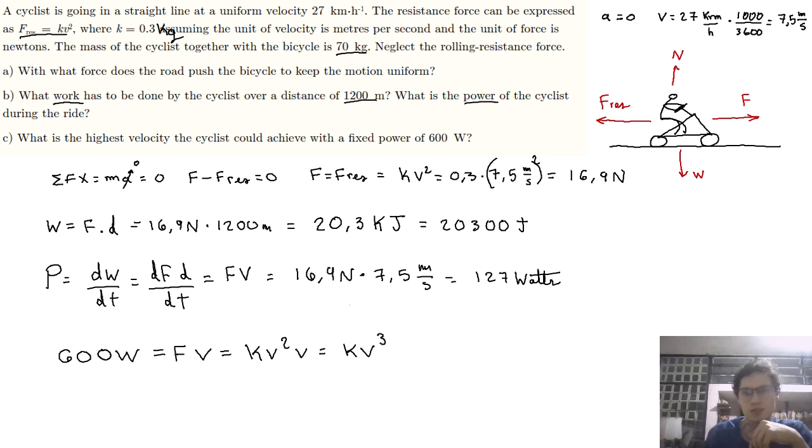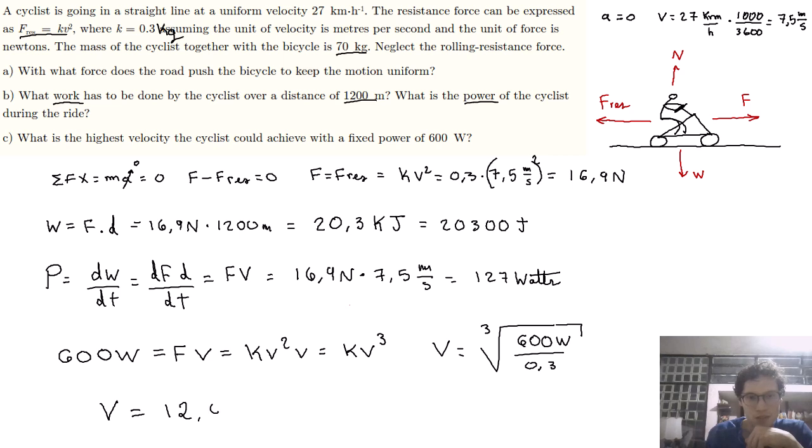So we are looking for velocity. So we clear the variable velocity, and we find that velocity is equal to the cubic root of 600 watts over 0.3. And we put that on the calculator. So the velocity will be equal to 12.6 meters per second. And that's the velocity in the final question of the problem.